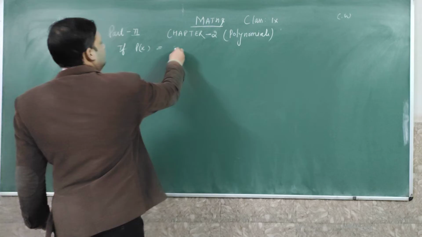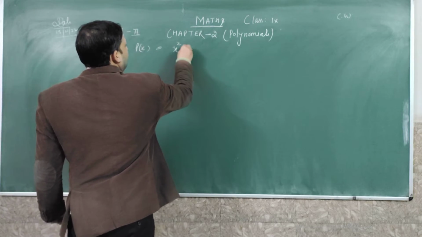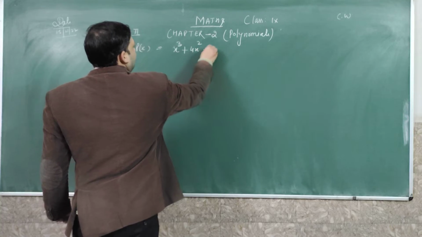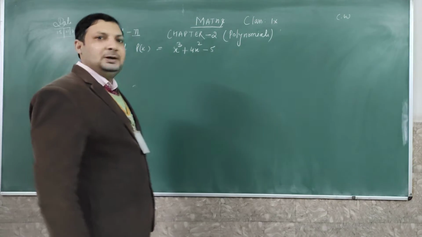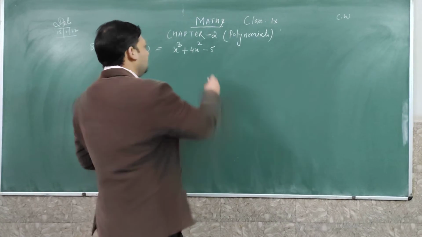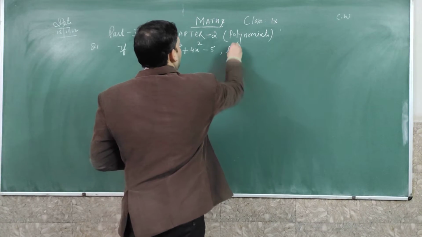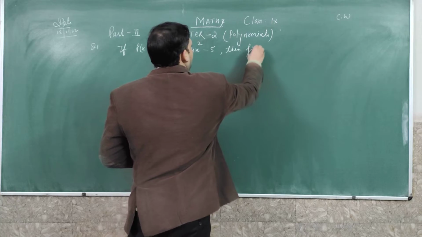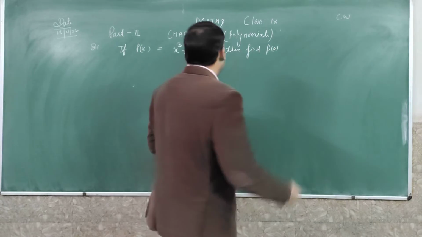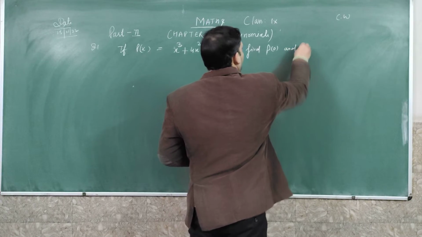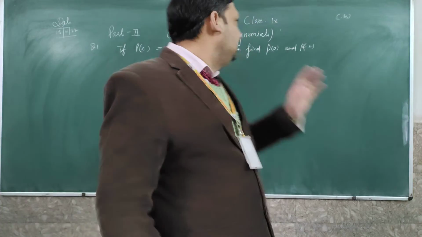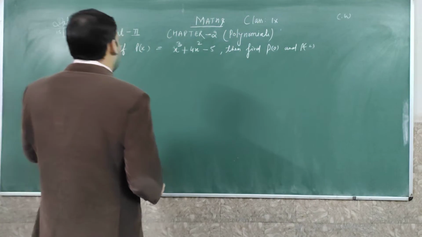If p(x) equal to x cube plus 4x square minus 5, x to the power 3, that is x cube plus 4x square minus 5, then find p(0) and p(minus 2). In one question we will find two things, p(0) and p(minus 2). So look at how to solve.